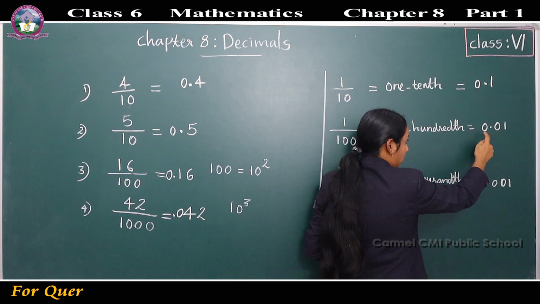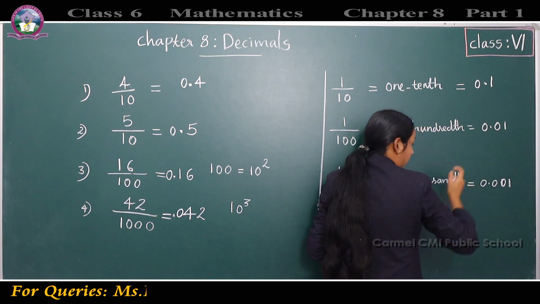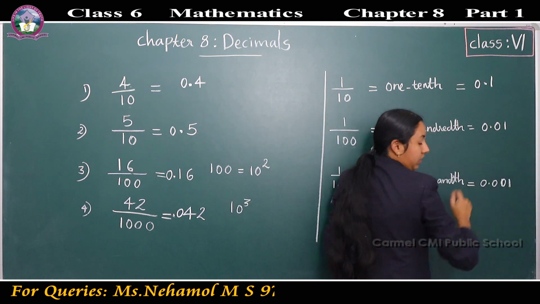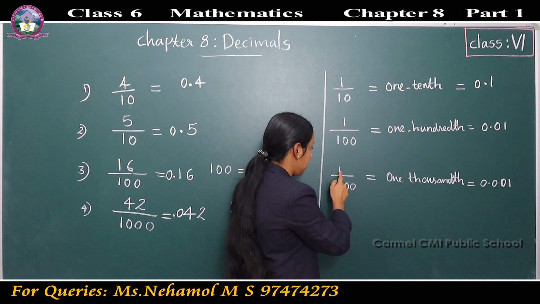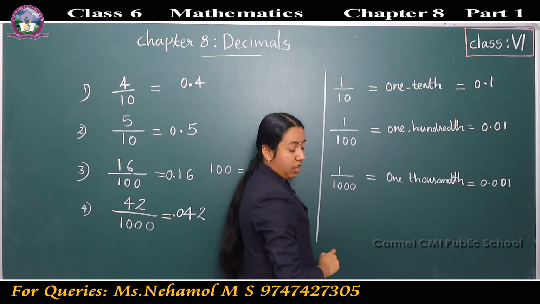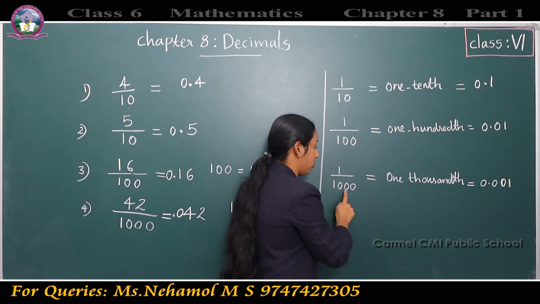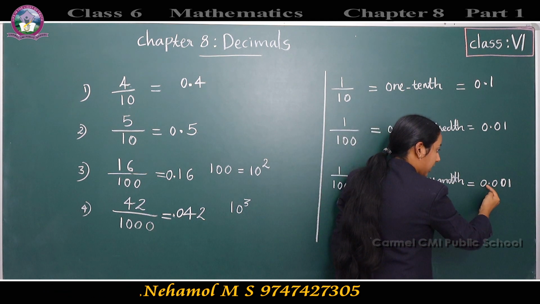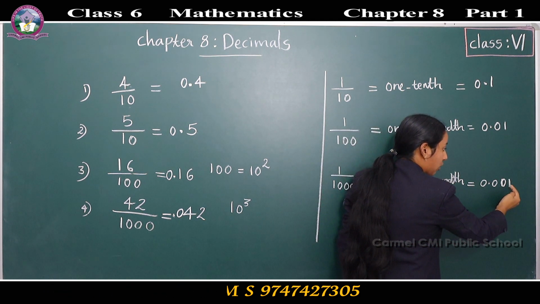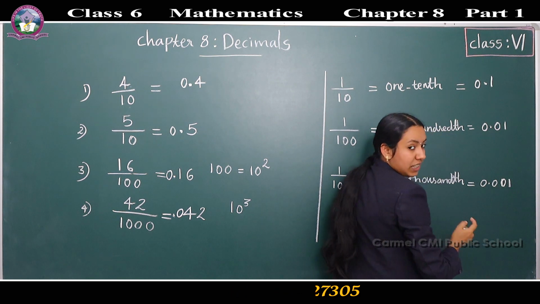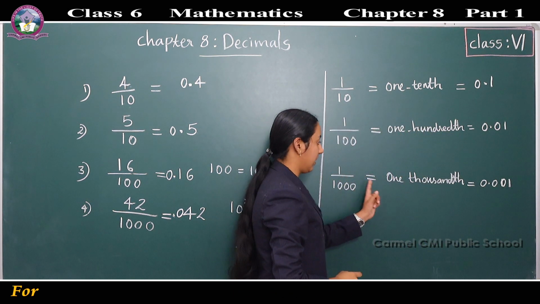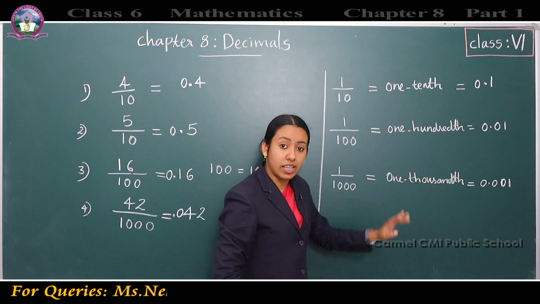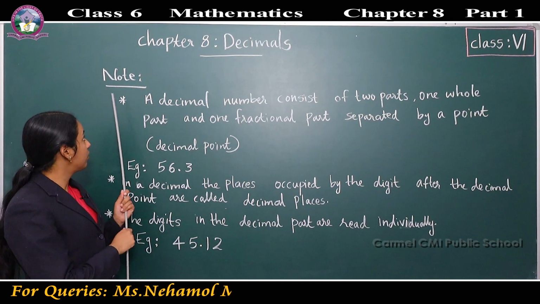That is equal to 0.01. 2 zeros in the denominator, 2 decimal places. Next one, 1 by 1000. How many zeros are there? 1, 2, 3. The corresponding decimal representation is 0.001, 3 decimal places. We read it as one thousandth.